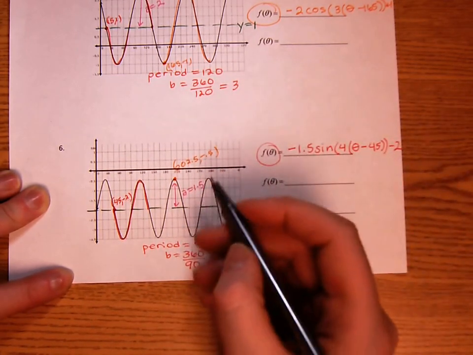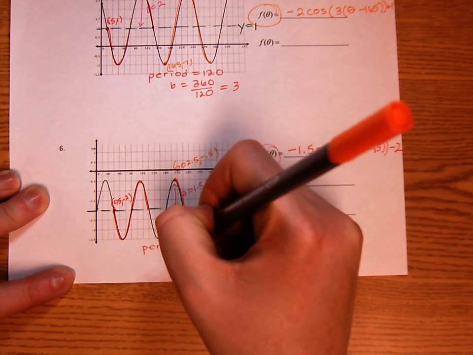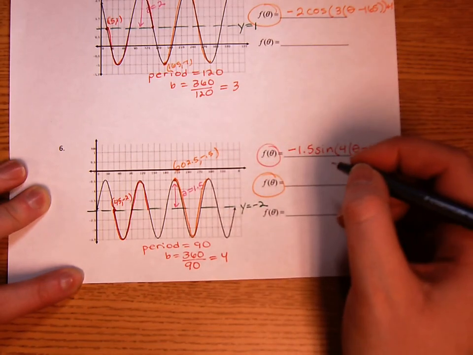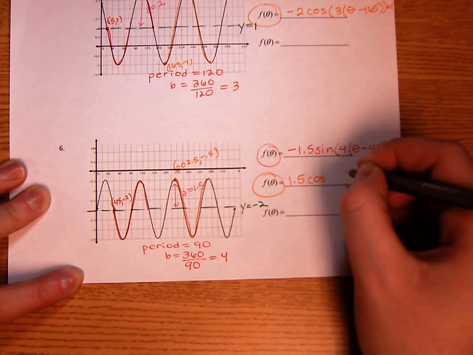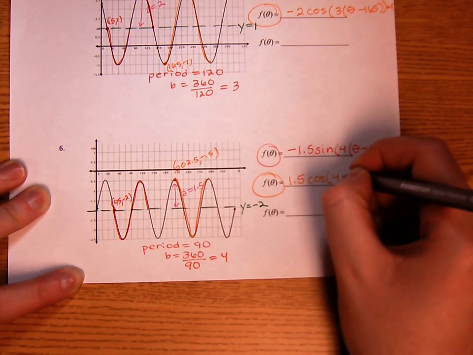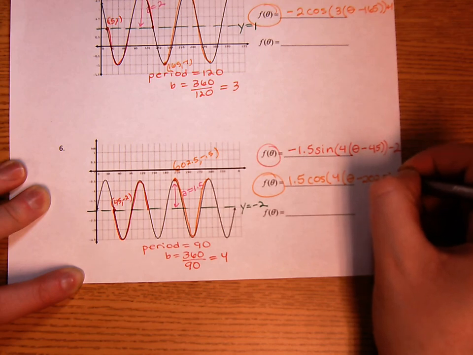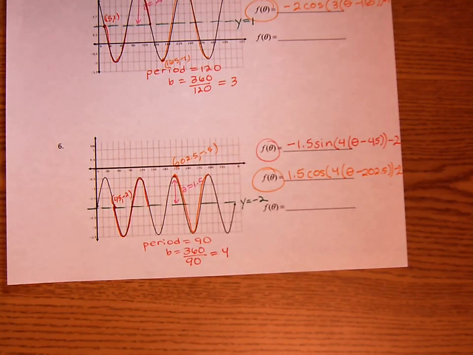Again, this is a harder one to model with cosine. If you had the choice, I would definitely go with sine, but we definitely can still do it. So here for cosine, we're starting at a maximum. I do not need a reflection, so 1.5 cosine of 4 theta minus 202.5 minus 2. And then you could leave the last one to do on your own.